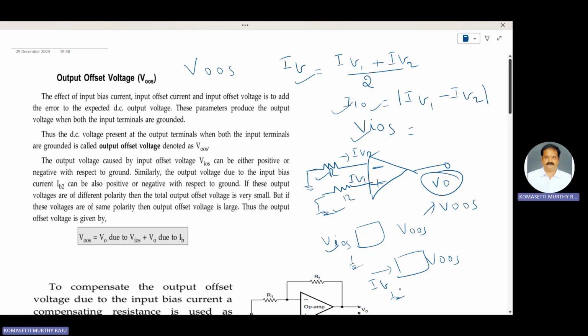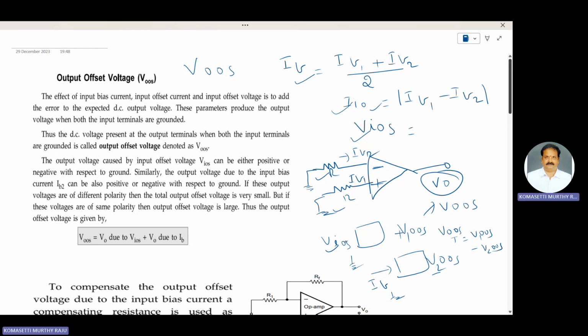If these output voltages are of different polarity, due to VIOS the output voltage is plus and due to IB the output voltage is minus, then the total output voltage is very small. The total output voltage is VOOS minus V1OOS minus V2OOS.